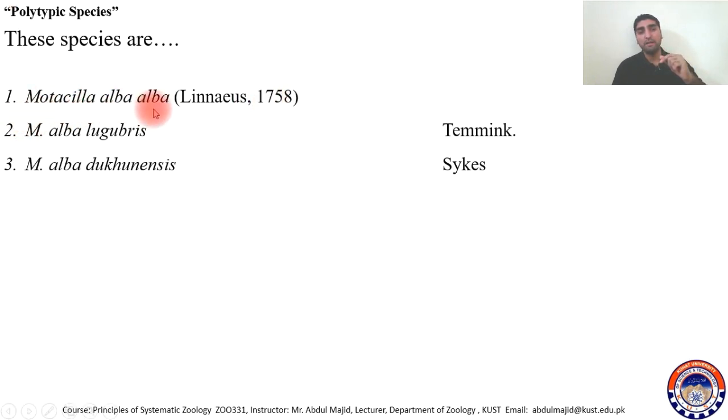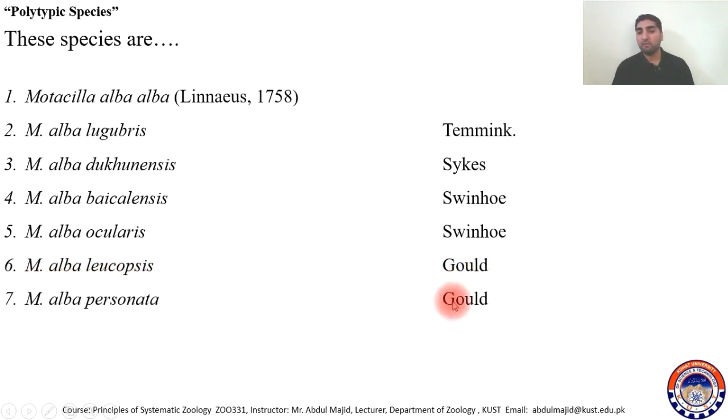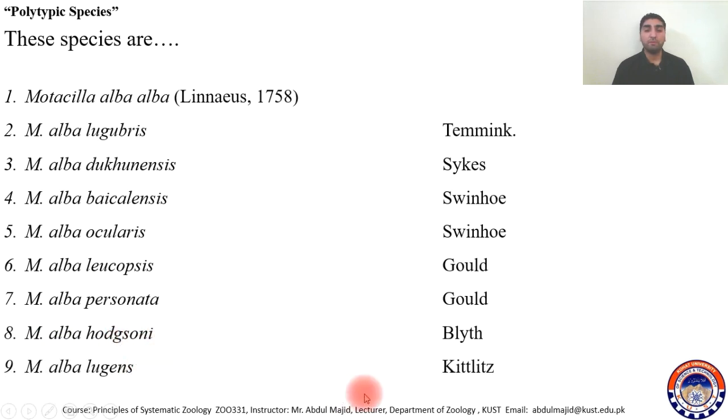The others are subspecies of Motacilla alba: lugubris, dukhunensis, then from Swinhoe, baicalensis, ocularis, and from Gould, leucopsis, personata, from Blyth hodgsoni, and from Cattle lugens.